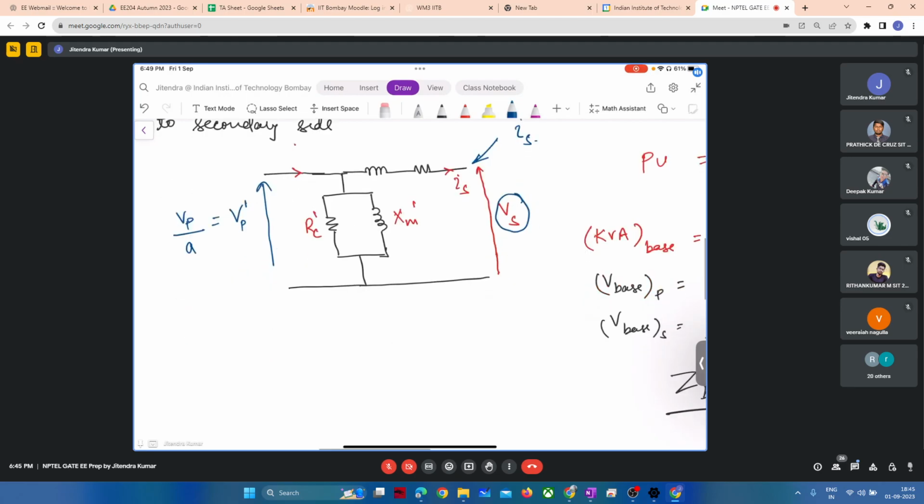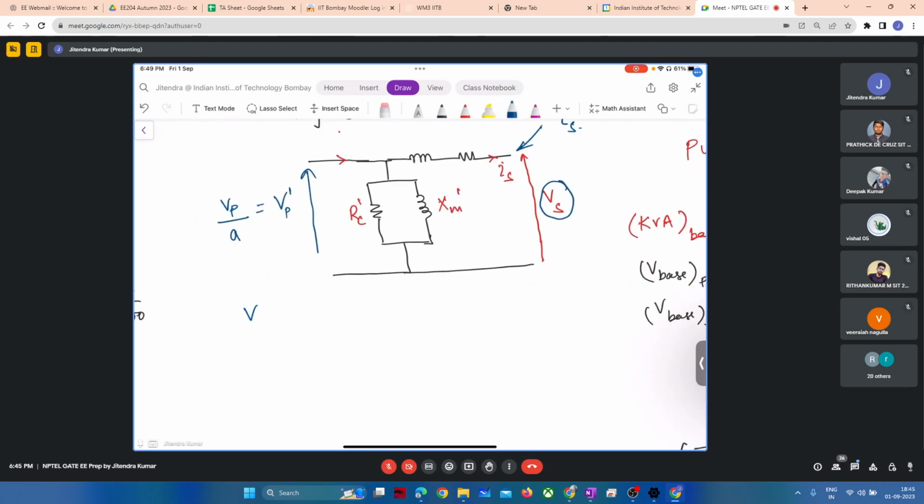So we will consider Vs as a reference, aligned with angle 0. Now, Is is lagging. It is said in the problem that the load is 0.85 power factor lagging at rated load, so Is will lag with some phi angle.